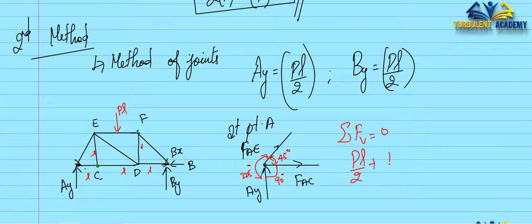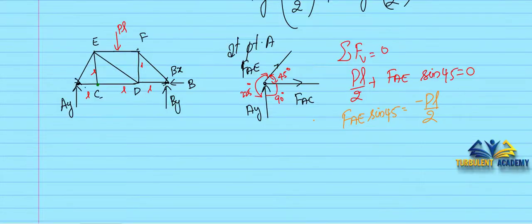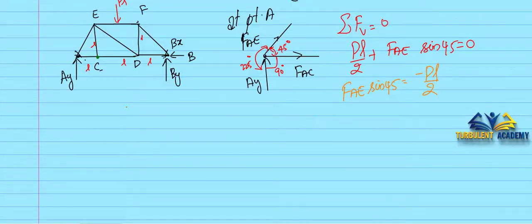FAE is going upwards, which is FAE sine 45, and the sum is equal to 0. So FAE sine 45 is equal to minus PL by 2. Sine 45 is 1 by root 2.